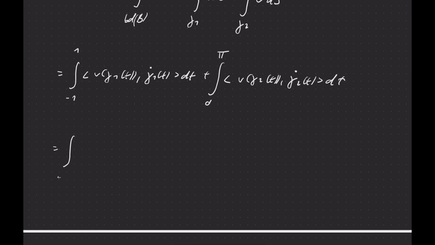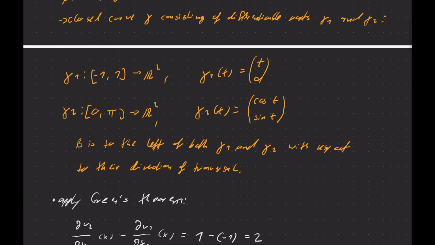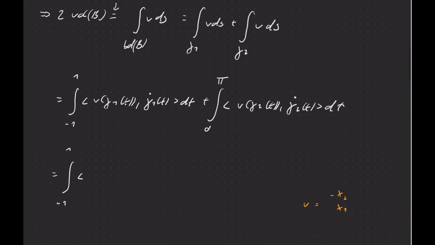So what do we get here? Let's see. V of gamma 1, remember v, let's write that somewhere, v was the vector field minus x2, x1. Gamma 1 is the curve t0. So if we insert that here, we get t for the first coordinate, 0 for the second.